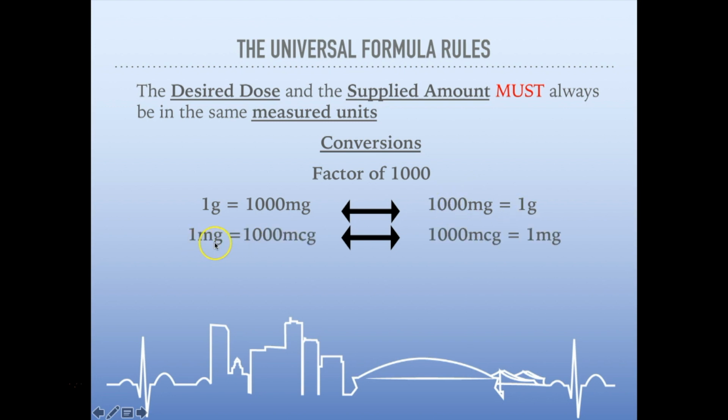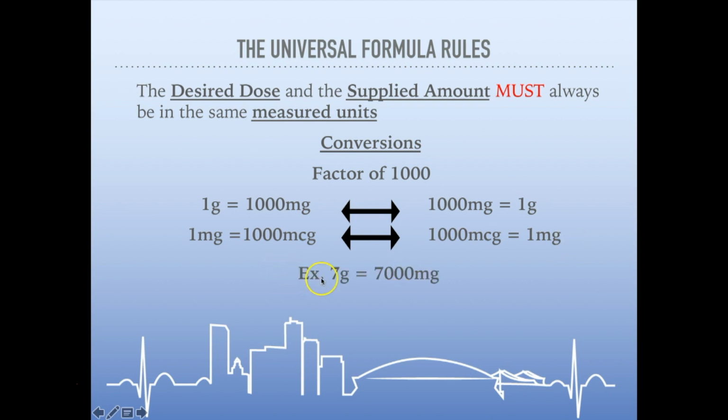You'll see that 1 milligram equals 1,000 micrograms. So if we need to convert a milligram to micrograms, we'll just add 3 zeros behind it, and then we get our micrograms. Likewise, if we have 1,000 micrograms and we want to convert that up to milligrams, we'll just take those 3 zeros out, and there we go. That's what we have in milligrams.